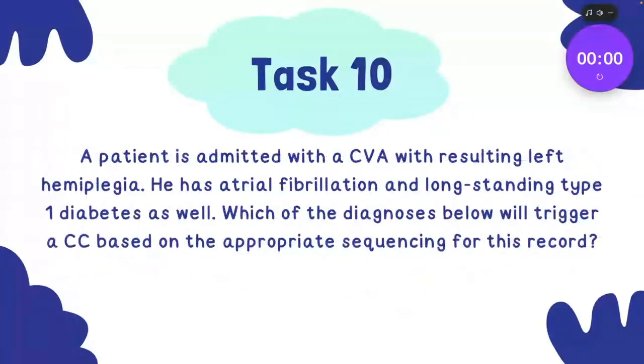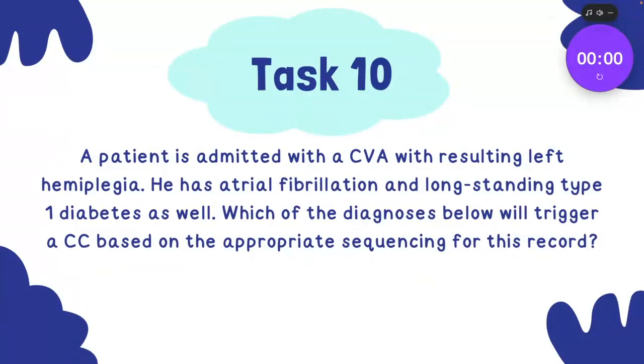A patient is admitted with CVA with resulting left hemiplegia. They have atrial fibrillation. They have type 1 diabetes. Which of the diagnoses will trigger a CC based on the sequencing? So here they're calling out, first you got to know what is the principal.